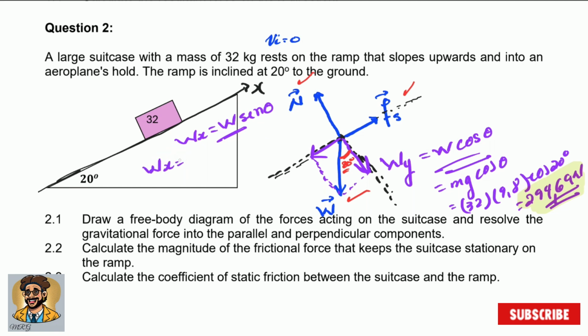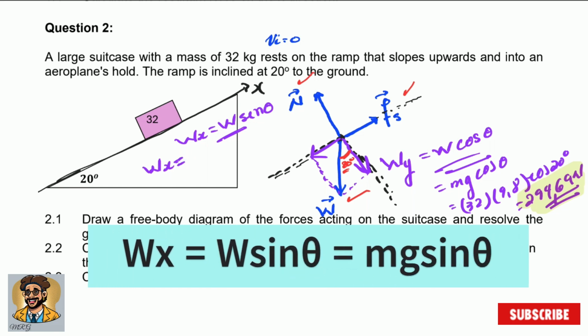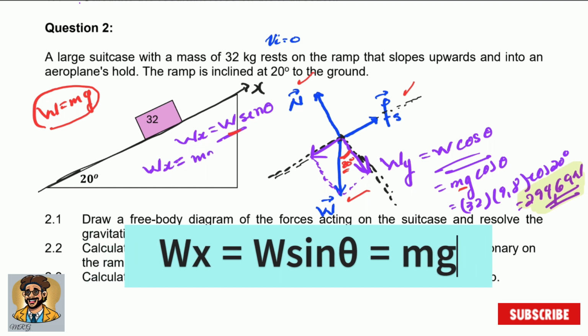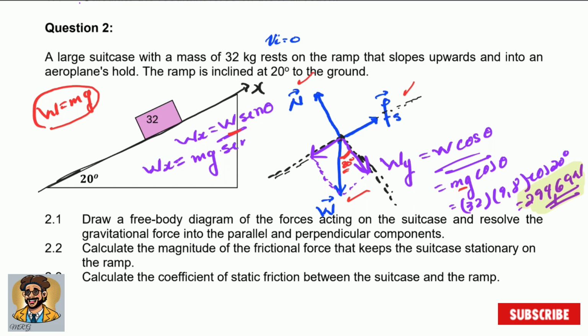x-axis is equal to weight. Remember, we do not have weight, but you learn that weight is equal to mass multiplied by acceleration due to gravity. That is why we substitute it here as well as we are going to do it there. So we have mass, acceleration due to gravity, sine 20 degrees, and the rest is substituting.